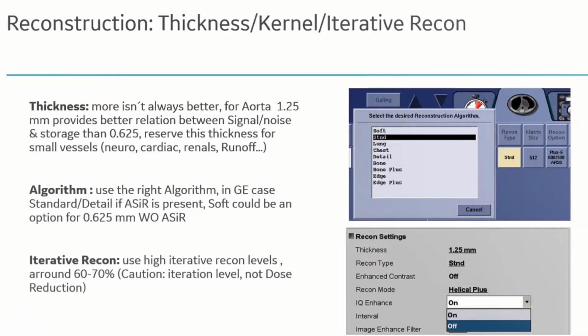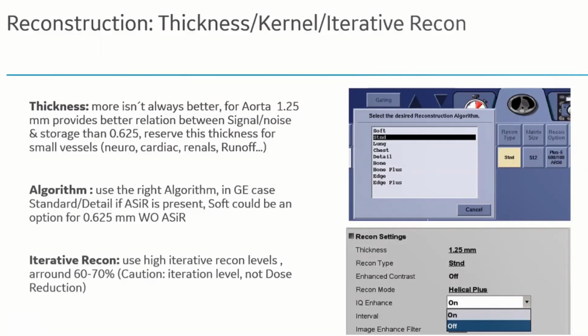If you are looking at thin vessels that need more detail, then use 0.6 millimeters. But remember that in some 20 millimeter systems, the dose may be higher when you use 0.6 instead of 1.25. This is due to the asymmetric detector configuration in some systems.